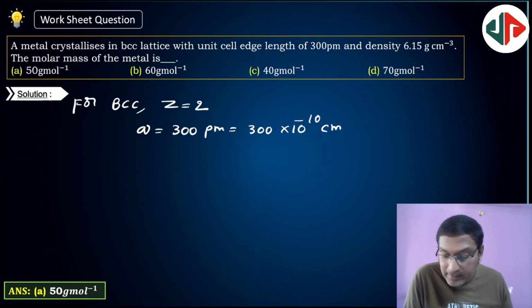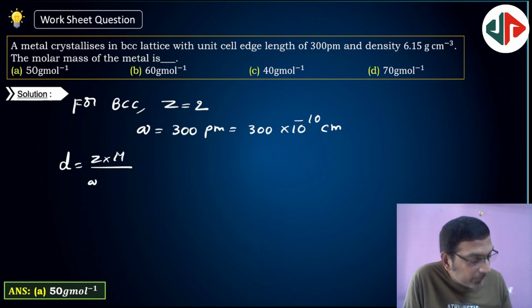Next, from this we can write density equal to Z into M by a cube into Na.